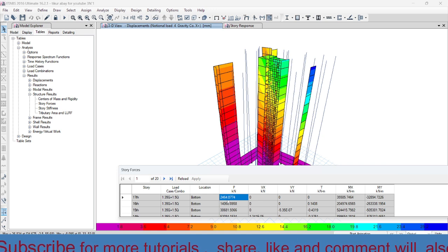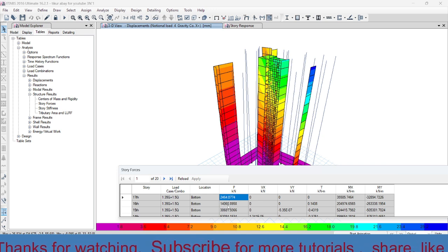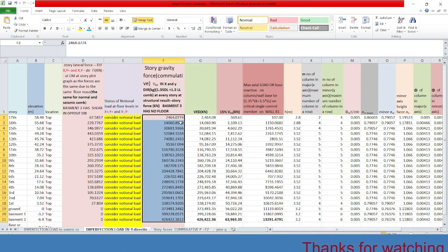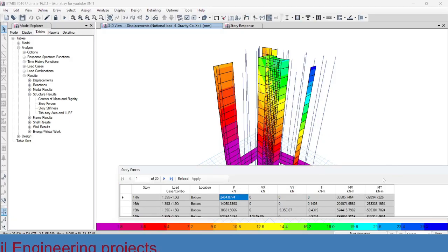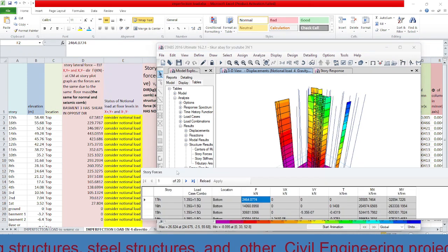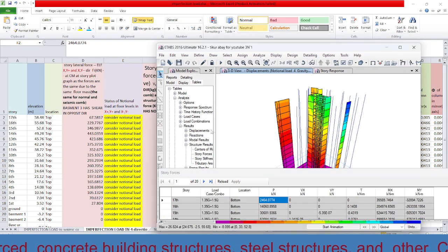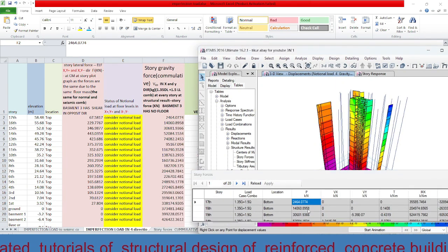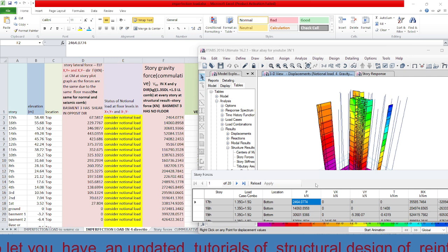That is 24, 64, 14, 0, 60. Now let me come back to it here. That is 24. And this is the total gravity force of every floor.